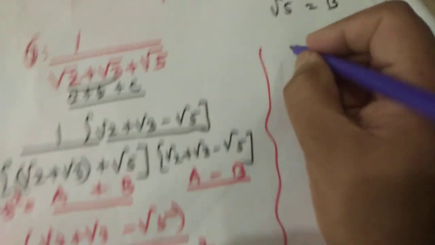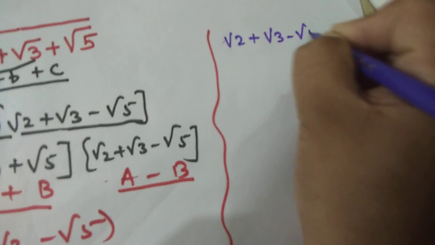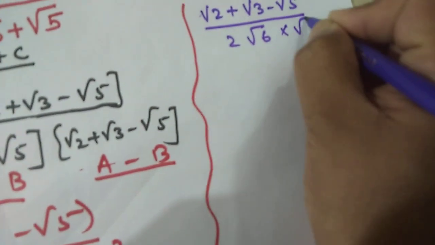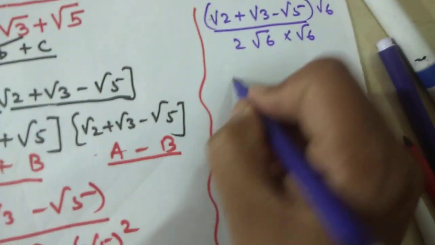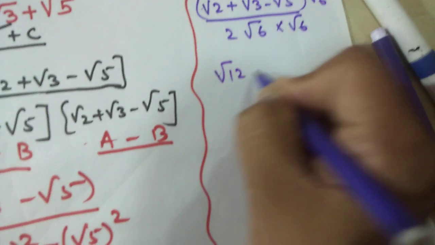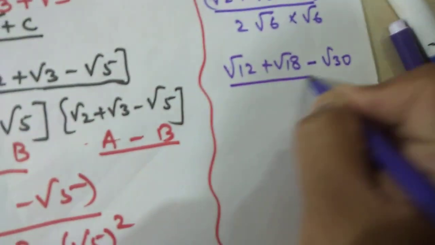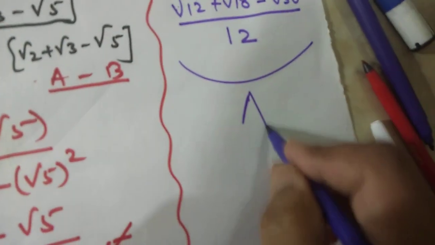So again, root 2 plus root 3 minus root 5 divided by 2 root 6, multiplied by only root 6 on top and bottom. So root 12 plus root 18 minus root 30 divided by 2 into 6. This is your complete answer.